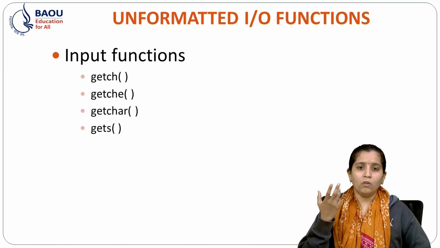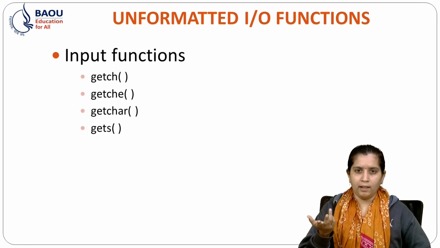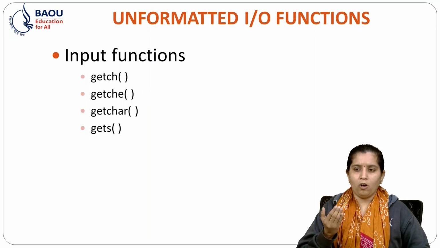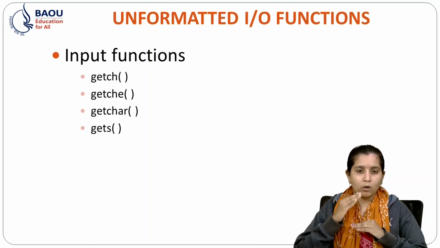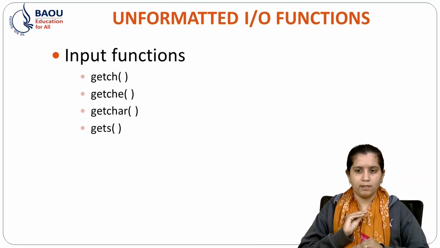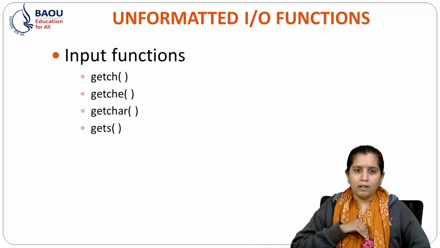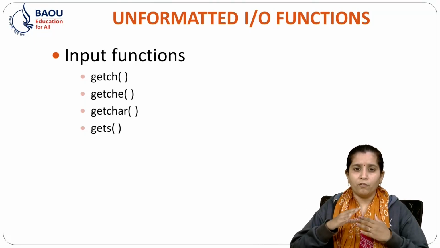So now let's see what is getchar. Getchar also reads a character from the keyboard and echoes it on the screen just after it is typed. It requires the enter key to be pressed. So this is the difference between getch, getche, and getchar. I hope now you get the difference between all these functions.